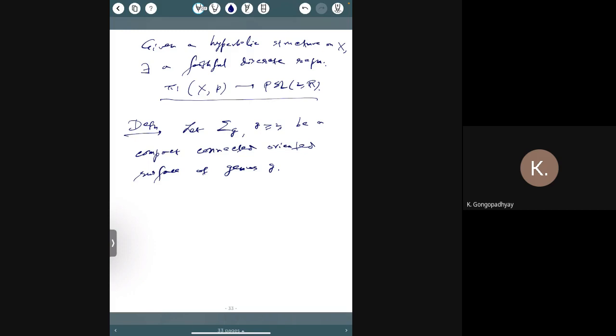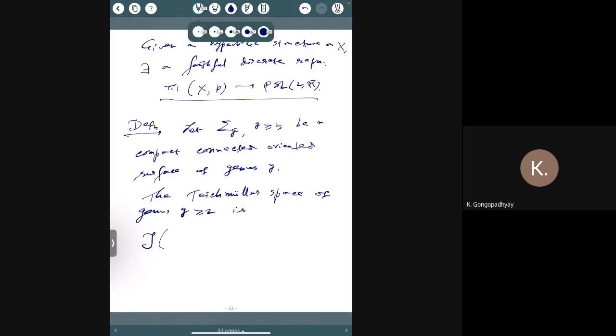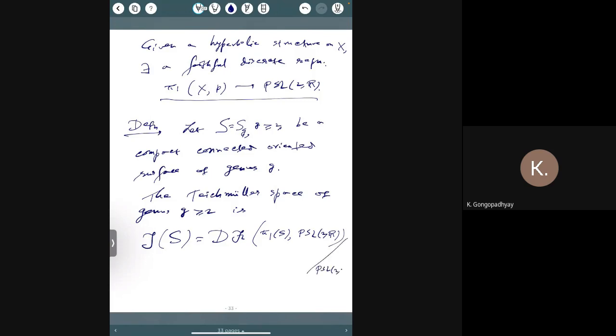All right. So the Teichmuller space of genus G is defined as, I am changing notation, so maybe I call it S. Okay, so this is discrete faithful representation of PSL2R modulo conjugacy.